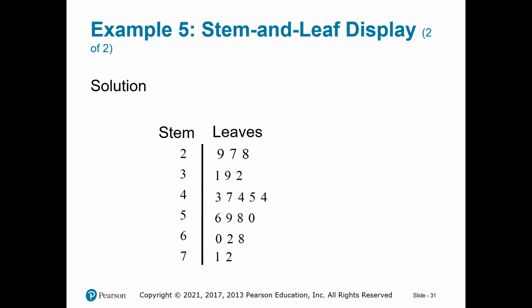If you want to convert this to classes, for example, from 20 years old to 29, from 30 to 39, from 40 to 49, and so forth, you will see that this is the modal class, and this is the mode right here.